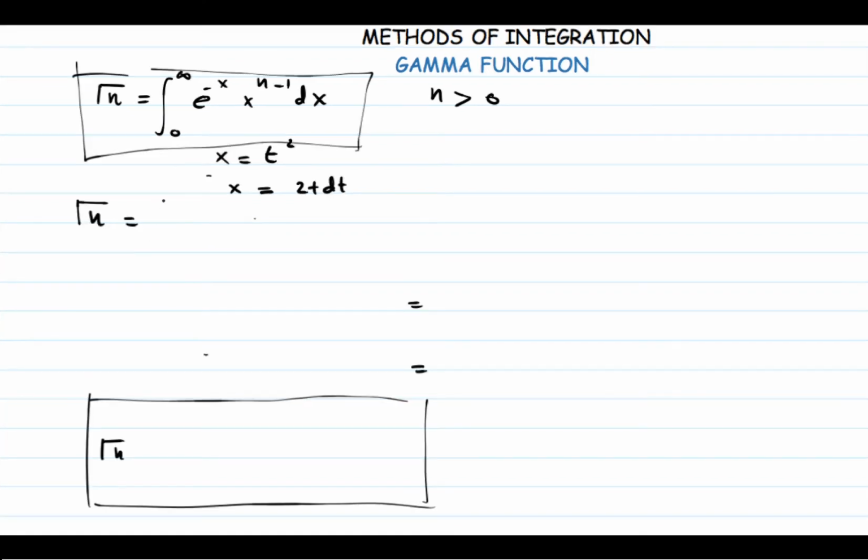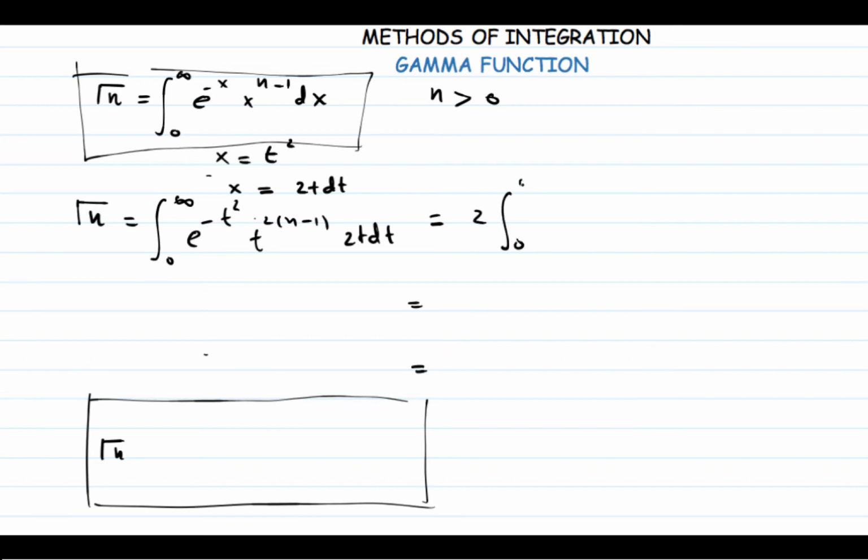So in this case, what you're going to have is, from 0 to infinity, our integration of e raised to minus x, but x is t squared, so it's going to be minus t squared, and then you're going to have x raised to n minus 1, and x is t squared. So t squared raised to n minus 1, and dx is 2t dt. So this is going to be equal to, okay, now this 2 is a constant, comes outside.